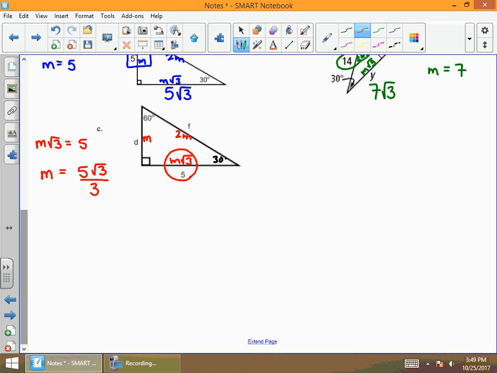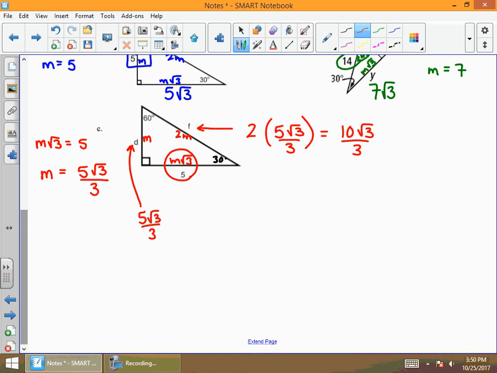well, what is d? This distance right here is m. So this distance is 5 radical 3 over 3. And this distance over here, f, is 2 times 5 radical 3 over 3. And what is 2 times 5? That's 10 radical 3 over 3.